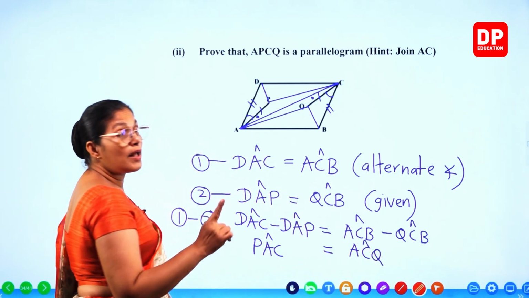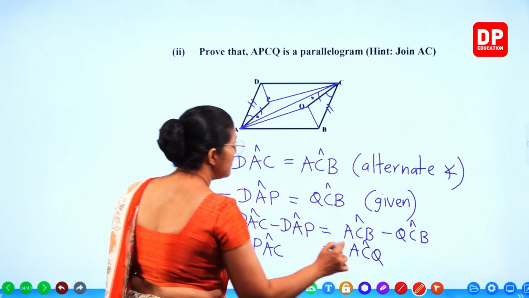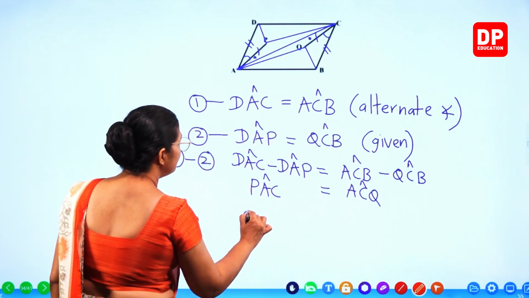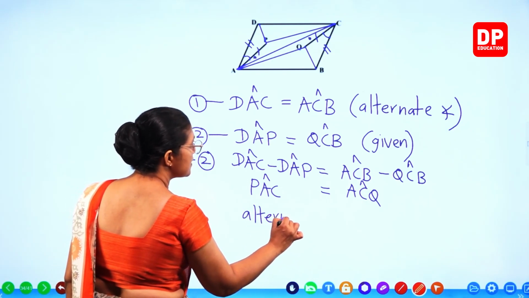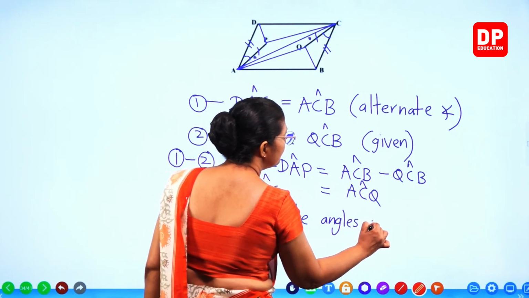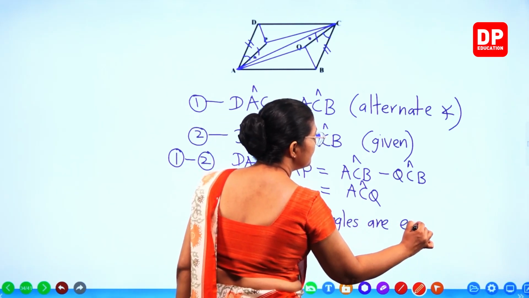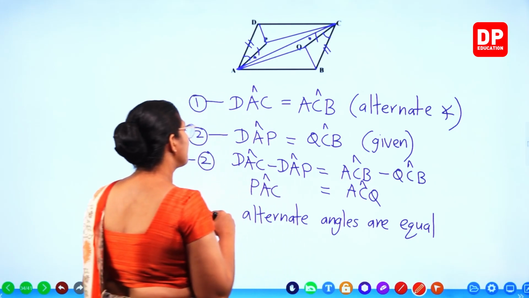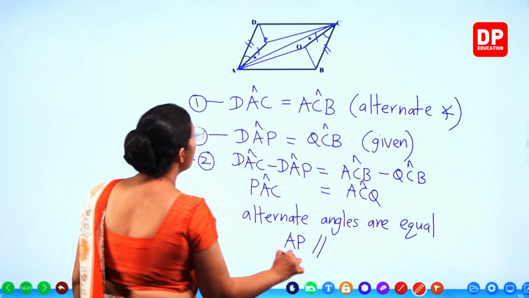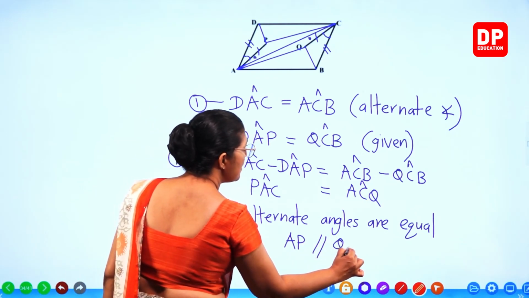So that's equal. Equal means alternate angles are equal. These are alternate angles. Alternate angles are equal. So therefore, AP is parallel to QC.